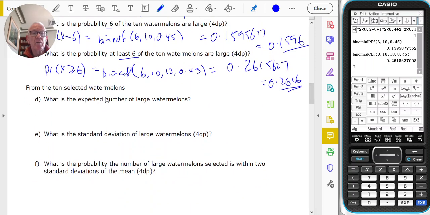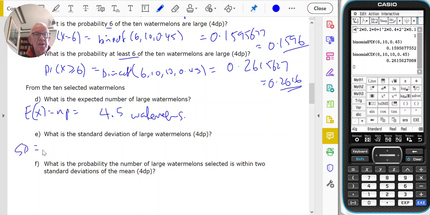Okay, from the 10 selected watermelons, what's the expected number? Well, for the binomial, the expected number of X is NP. So that's going to be 4.5 watermelons because N is 10 and P is 0.45.